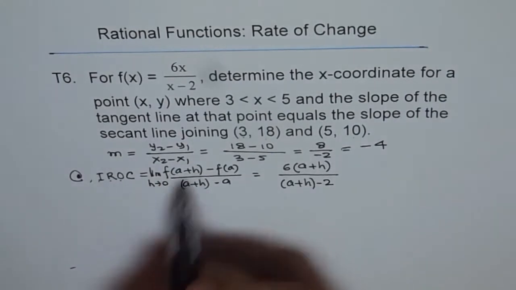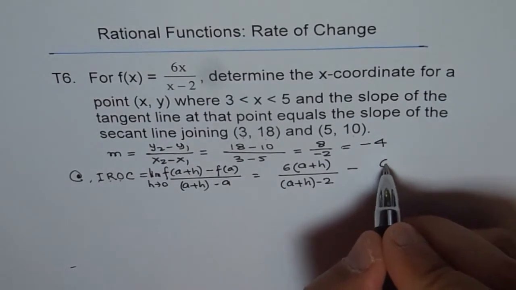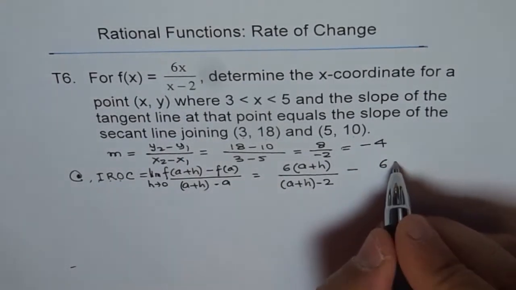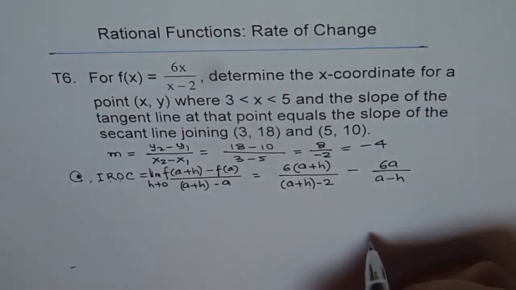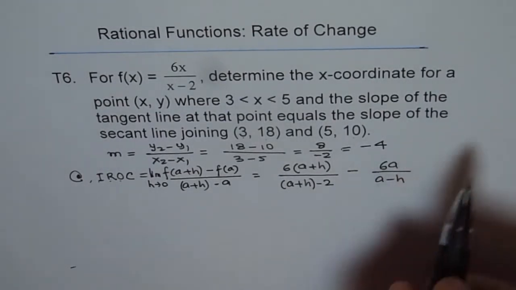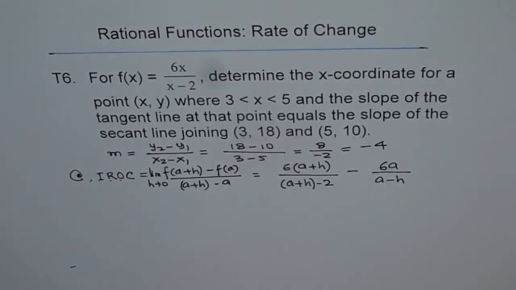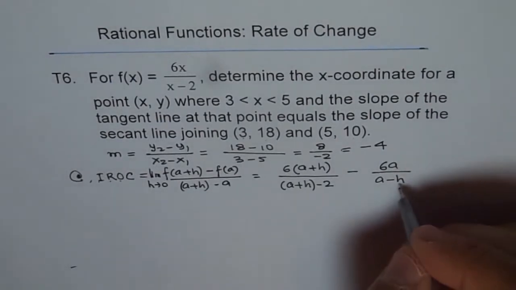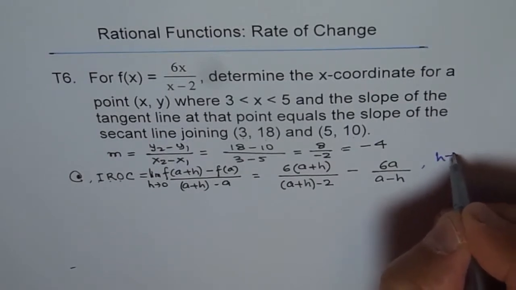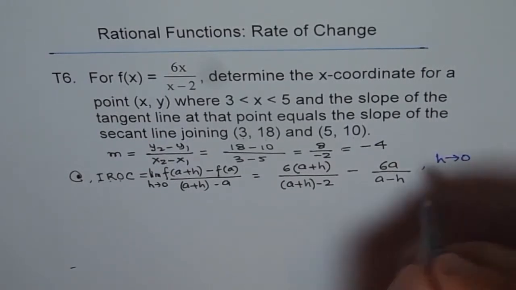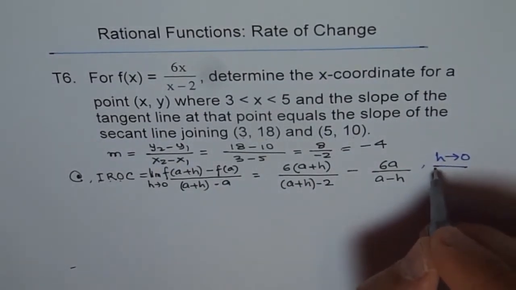That is f of a plus h, minus f of a. f of a means instead of x, I will write a. So 6a over a minus 2, correct? And okay, so let me switch my notation. Instead of writing limit every time, I will write here once and for all that h is approaching 0, h is very small. Instead of writing limit h approaches 0 all the time, remember, h is very, very small.